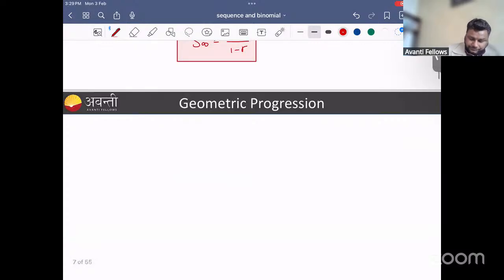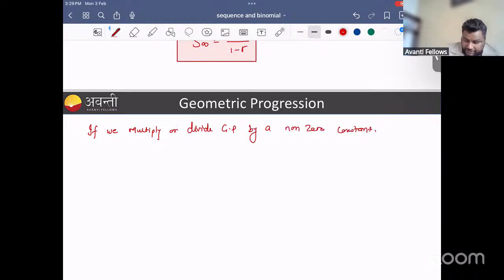Now, if we multiply or divide a geometric progression by a non-zero constant, it still remains a GP.